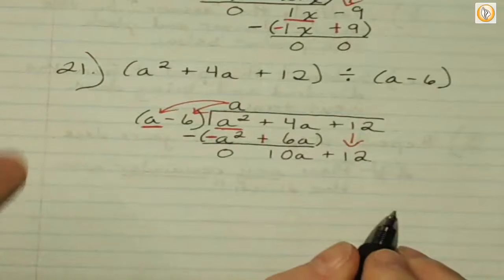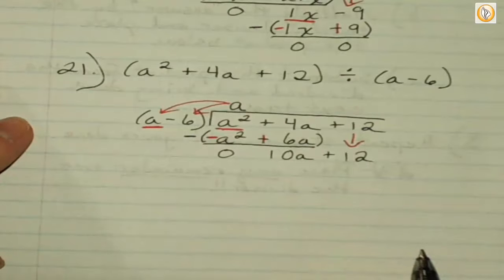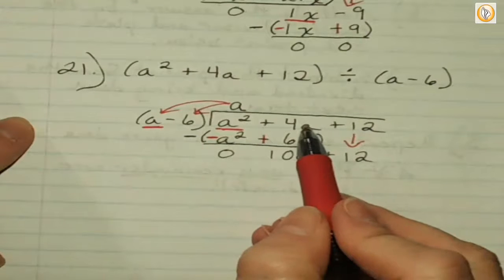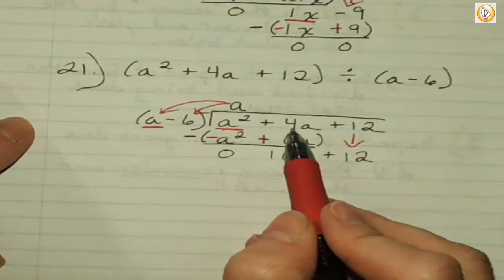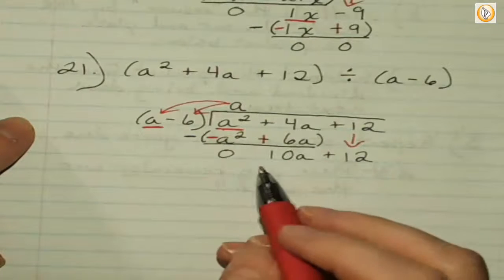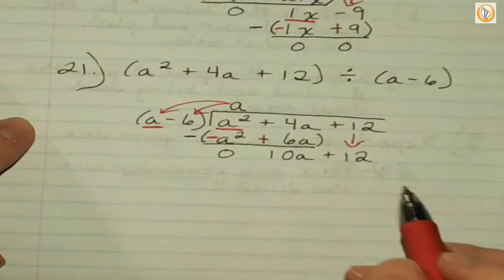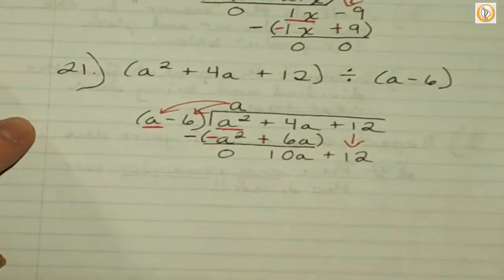Good job. Bring down that 12. Now, Emily, what do we do? Okay, well, look at your notes. What do we do once we bring this down?